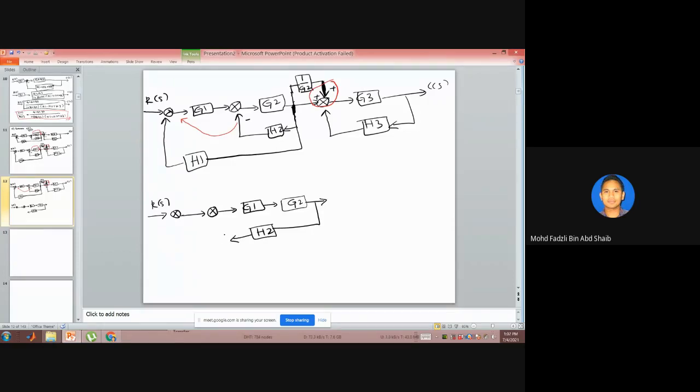We move it to the back, so it becomes 1 over G1, right?